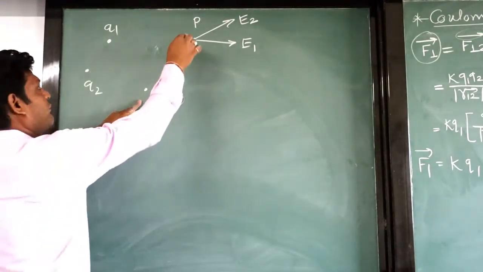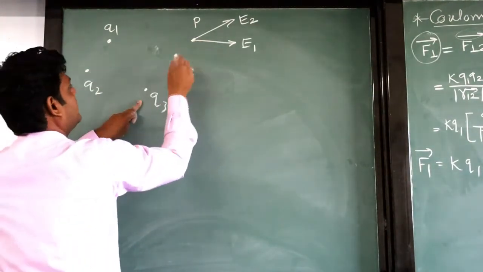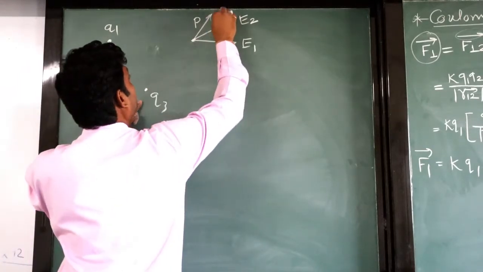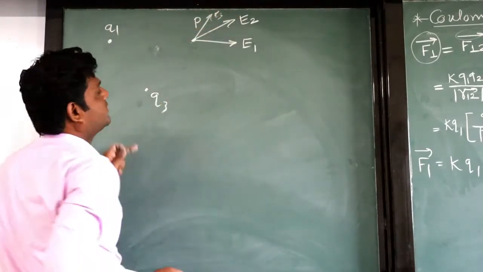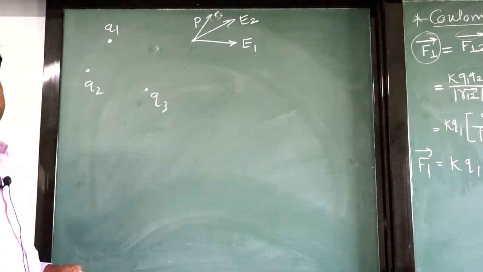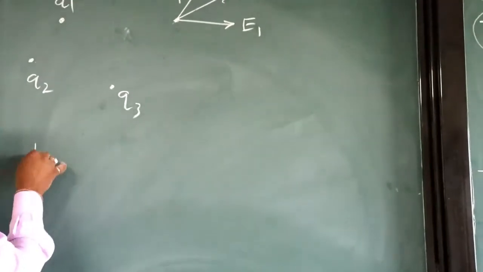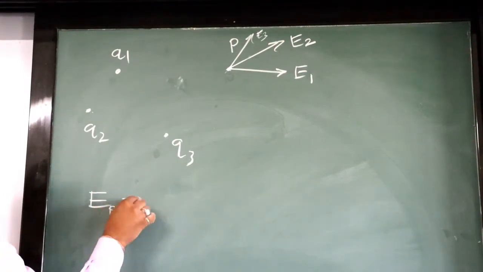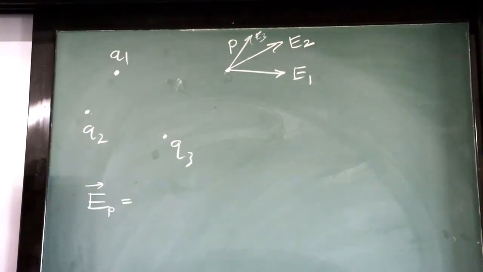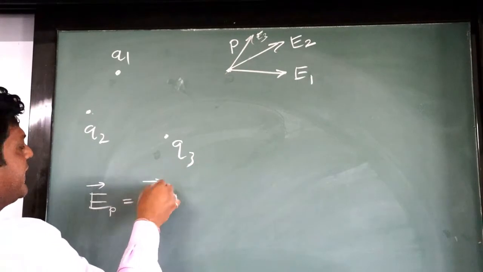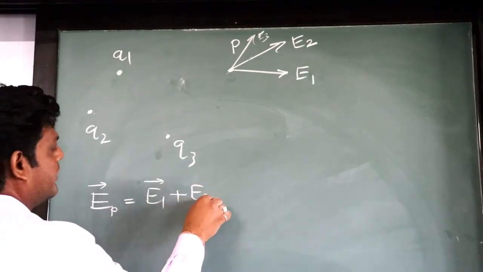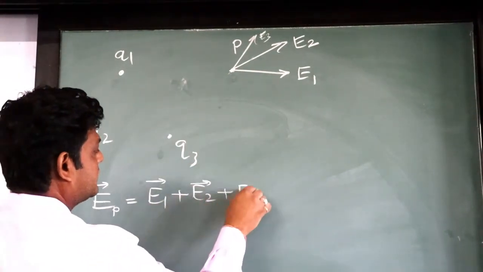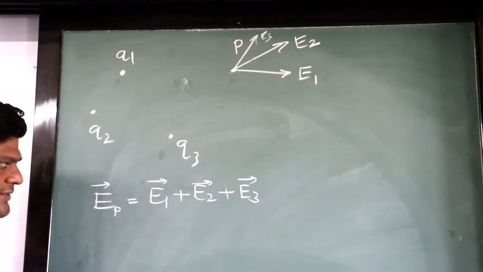Similarly, electric field at point P due to Q3 will be denoted by letter E3. So what is the net electric field at point P? That we will calculate like this. Electric field at point P, suppose it is EP, it will be E1 vector plus E2 vector plus E3 vector.